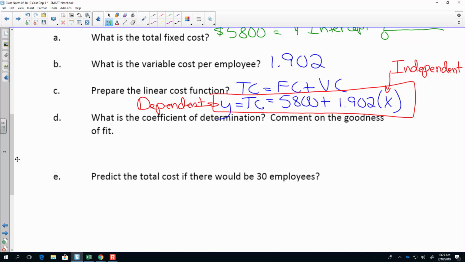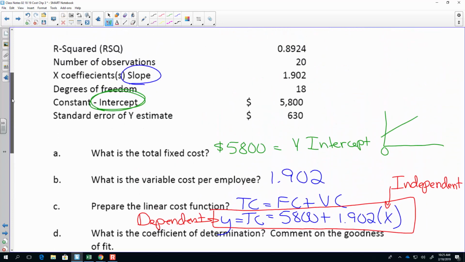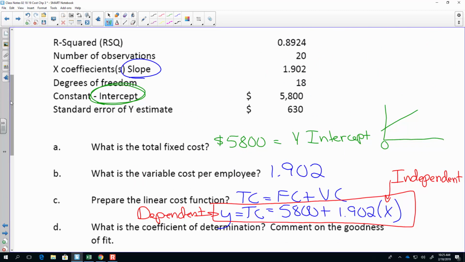Teresa, what is the coefficient of determination? Letter D. Of these numbers, which one is the coefficient of determination? Not sure. She's using a lifeline. Which one is it? Other guess would be the reason for No. Okay.